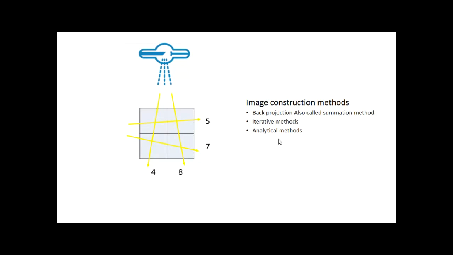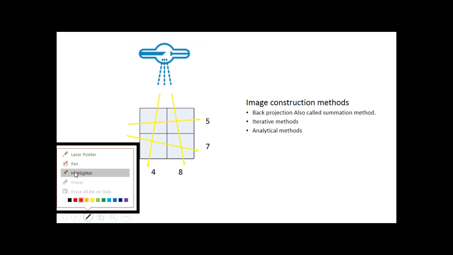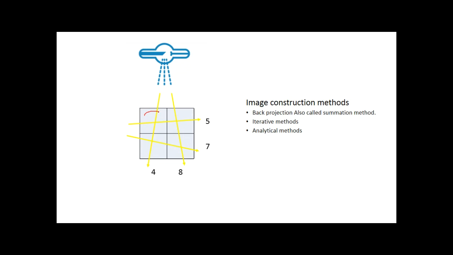And now the computer in the CT will try to estimate what are the values inside each pixel. It will calculate it according to the exposure values, and it will give a value for each pixel.